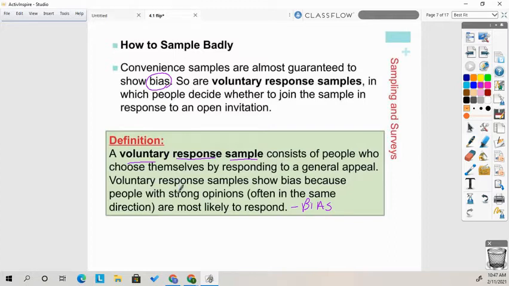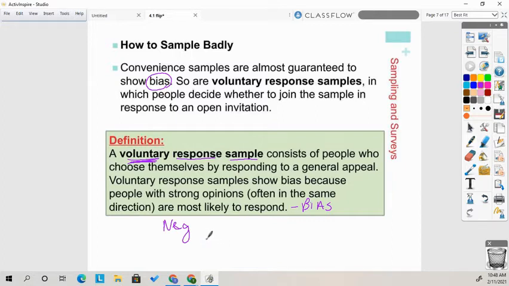A voluntary response sample is when people volunteer their answer. Examples of this are people calling into news stations, Facebook polls, Twitter polls. They're volunteering their answer. They weren't picked in any random way. Those are bad because this produces bias, usually in a negative direction.